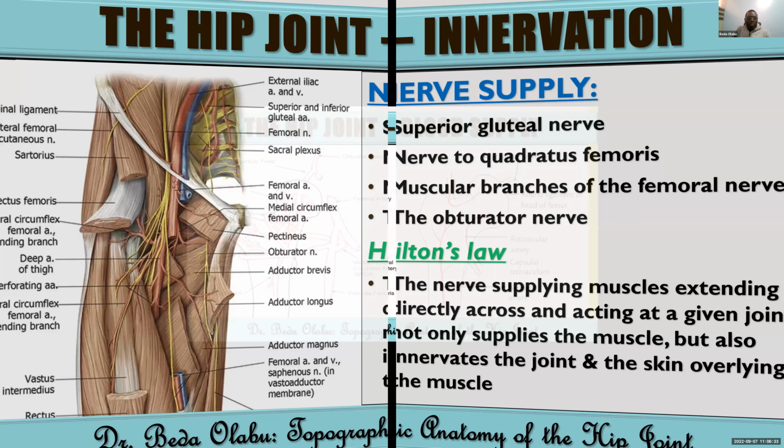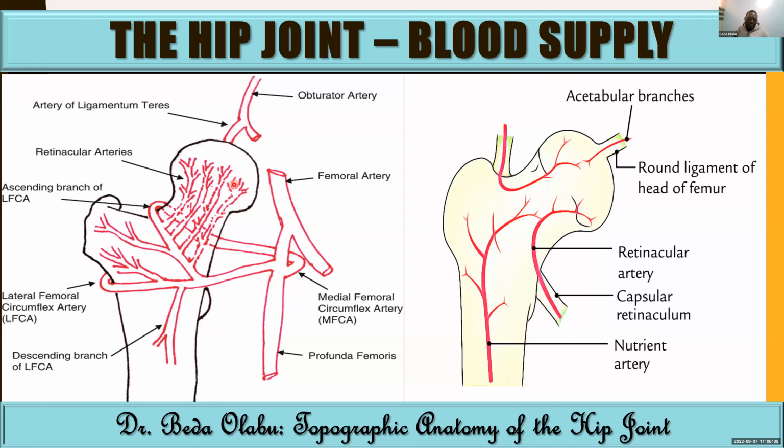Now we can talk about the blood supply to the hip joint. The blood supply to the hip joint is very important also because it has some clinical implication. It's important to know where the blood vessels around the hip joint come from. Largely, they come from two anastomoses, the trochanteric anastomosis as well as the cruciate anastomosis.